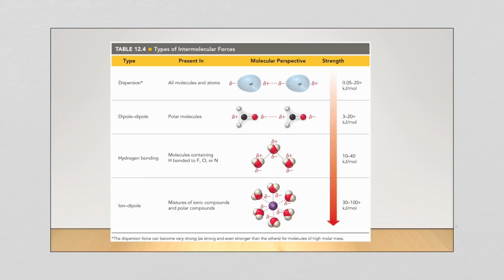Now, the other thing that I will point out here is look at even the strongest of these, right? For hydrogen bonds, up to about 40 kilojoules per mole. Ion dipole, maybe higher, up to 100.